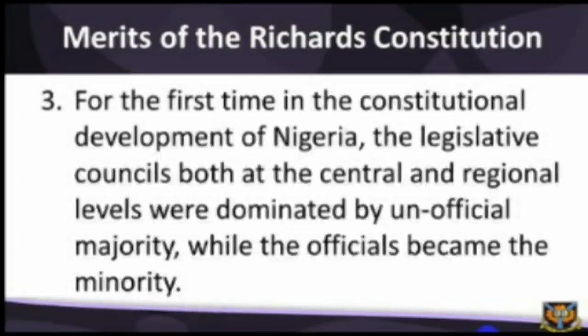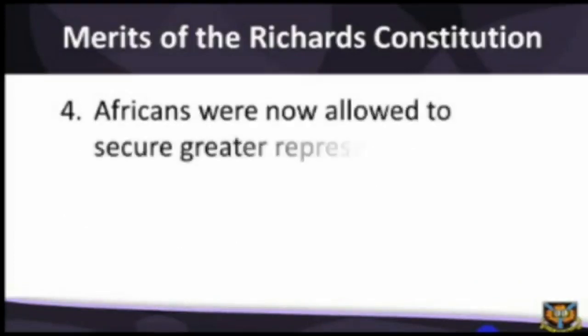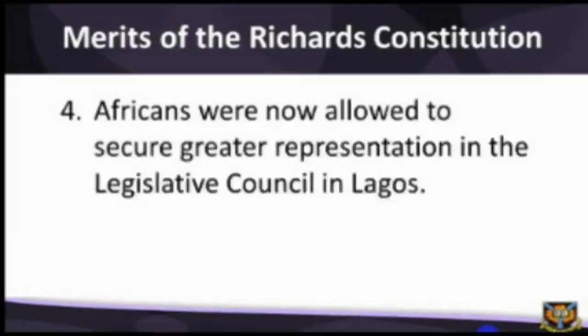Also, for the first time in the constitutional development of Nigeria, the legislative councils, both at the central and regional levels, were dominated by an unofficial majority, while the officials became the minority. Africans were allowed to secure greater representation in the Legislative Council in Lagos.